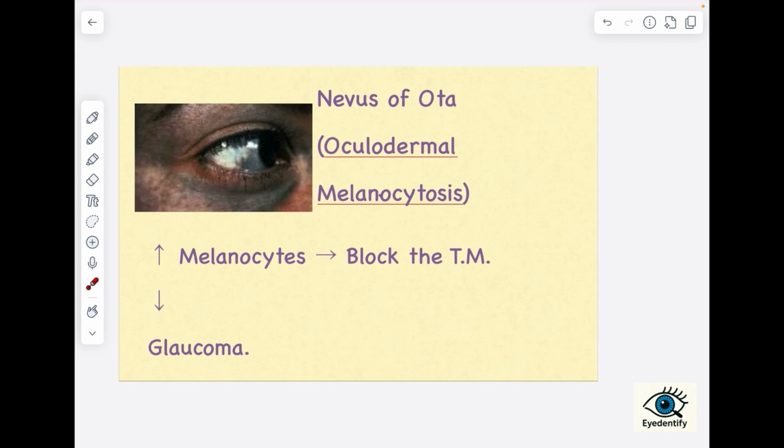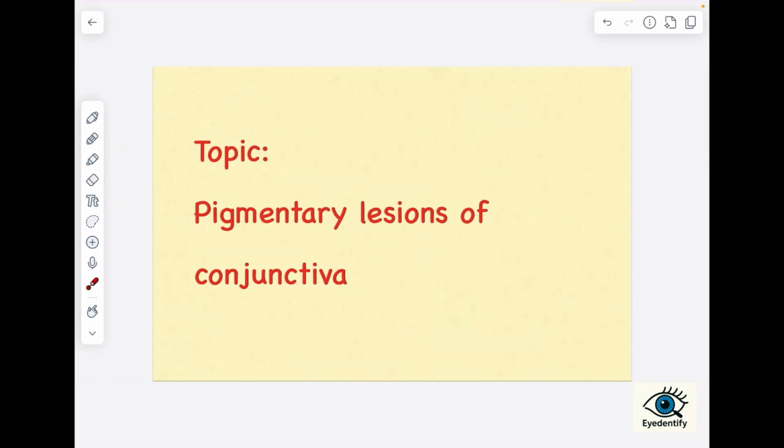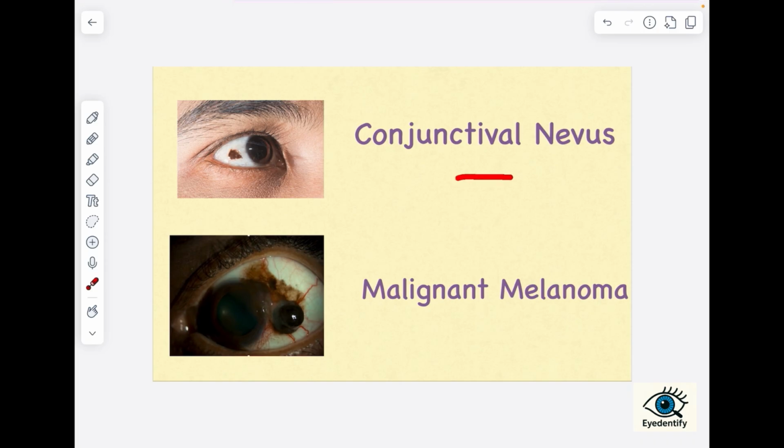So we'll come to the topic, which is pigmentary lesions of conjunctiva. What are the pigmentary lesions of conjunctiva that can be asked based on this question? They are conjunctival nevus and malignant melanoma. As we can see, conjunctival nevus is a patch of melanocytes. It is a very benign condition. This can be seen in some of us also, and we see many such patients coming to the OPD.